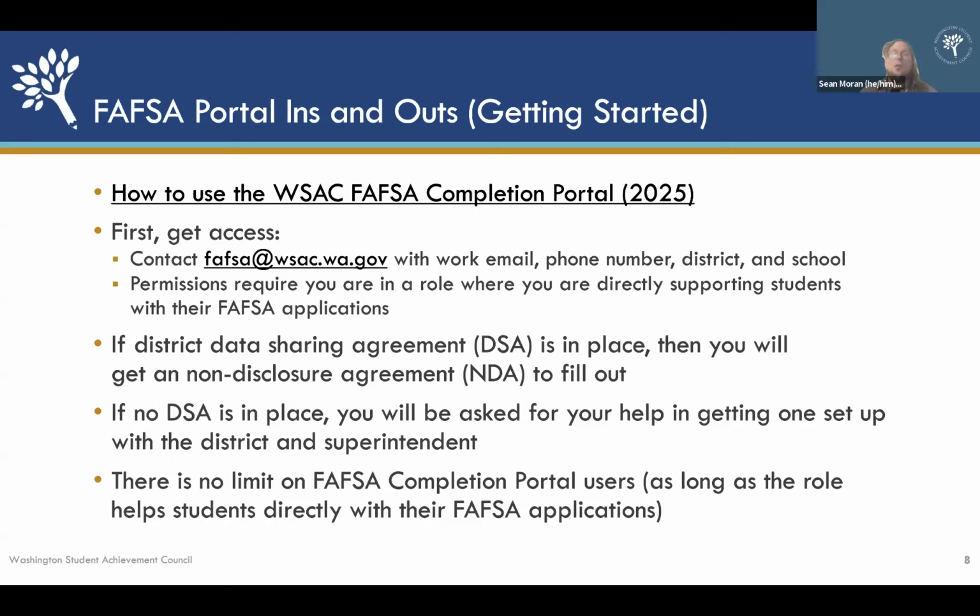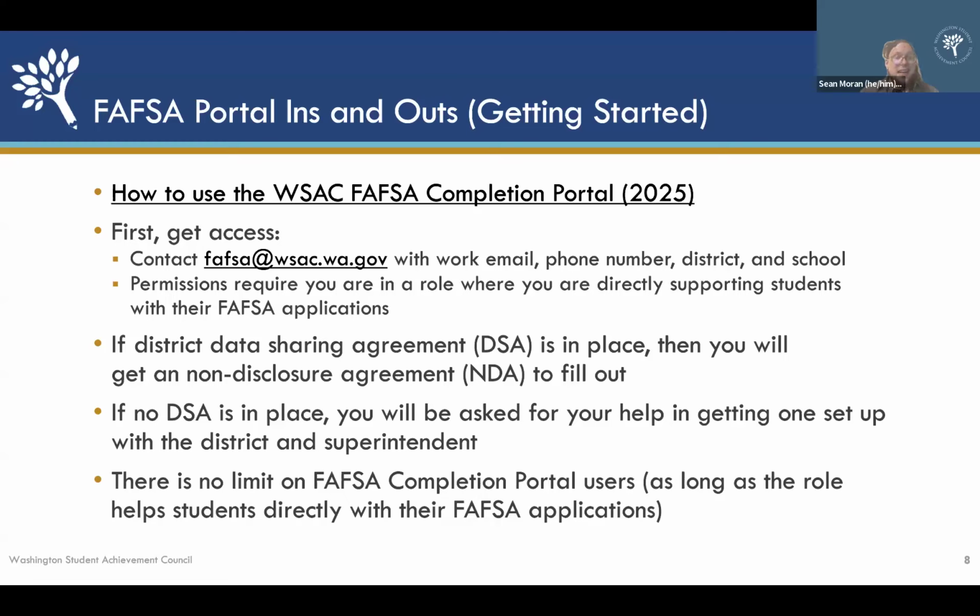We do verify with the school that the nonprofit or CBO is helping any senior at your school. That is one of the requirements. If they're only assisting, let's say, a quarter of students who meet this criteria, they most likely will not be able to receive the CBO access because they are not assisting all seniors at your school. Okay.